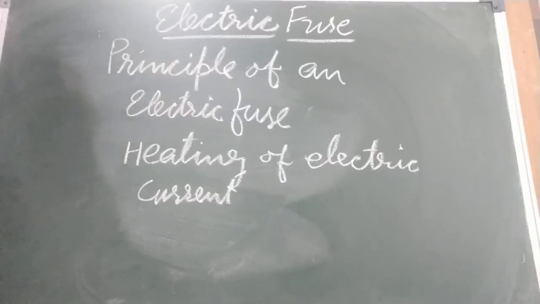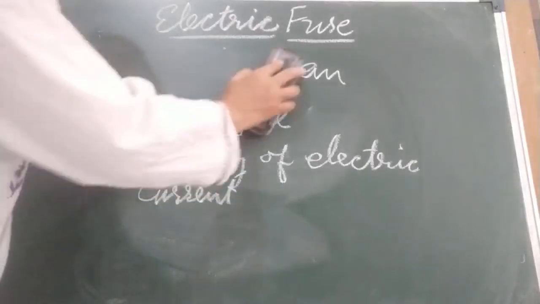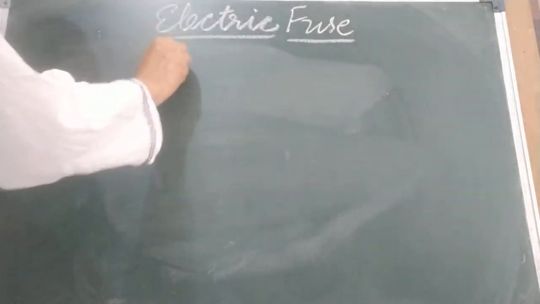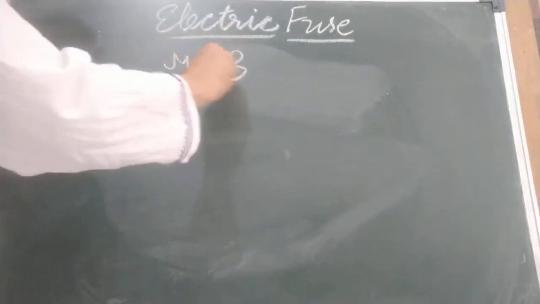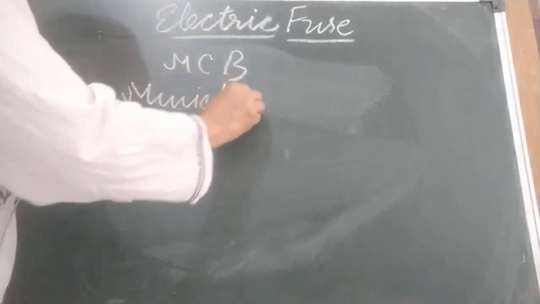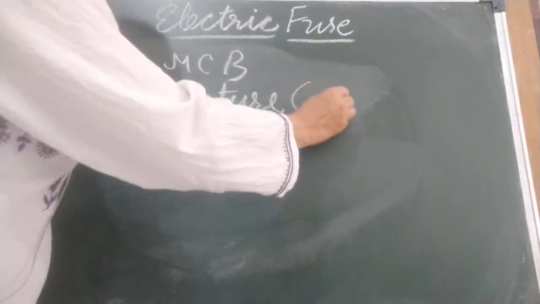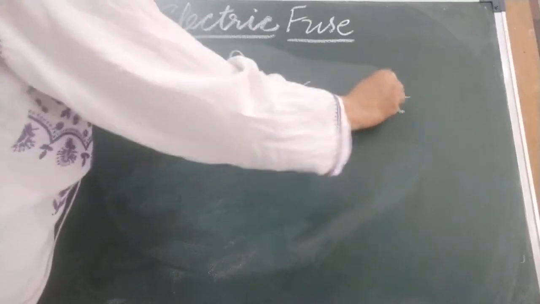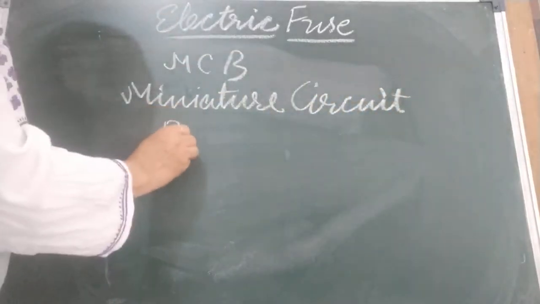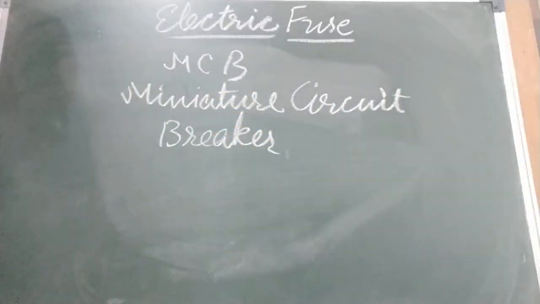Now one more thing I would like to tell you, that is MCB. Miniature circuit breaker. It is there in our houses. You ask your parents, they will show you. What is the function of this circuit breaker?